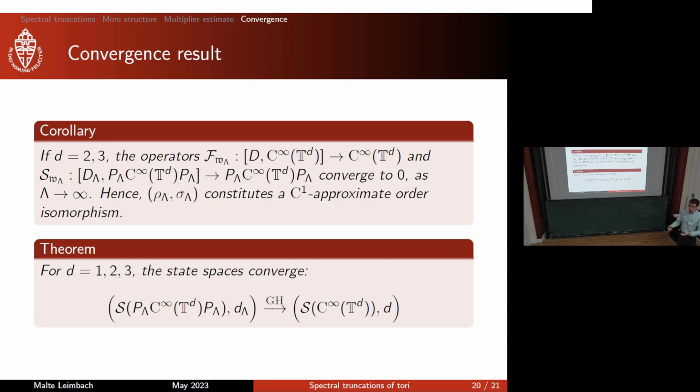And now, applying this criterion I showed you before, this means that this map rho and this map sigma, this downward and upward map, constitute a C1 approximate order isomorphism. And this, by that criterion I showed you, means that the spectral truncations, or the sequence of these state spaces, converges.